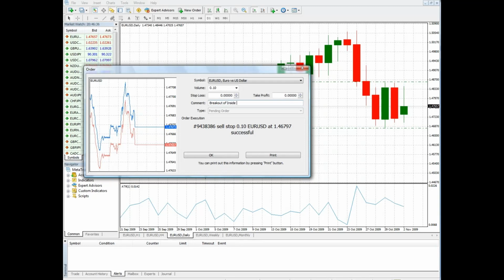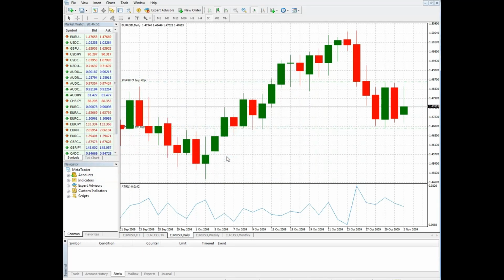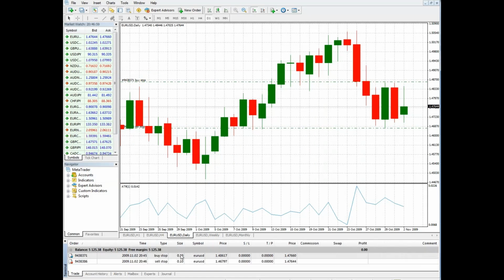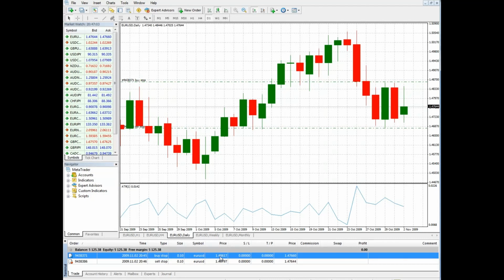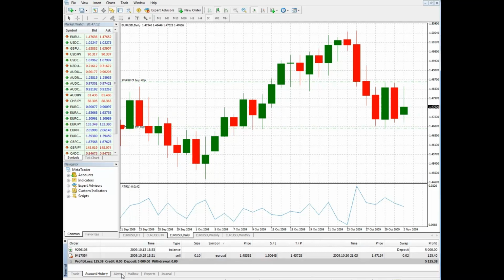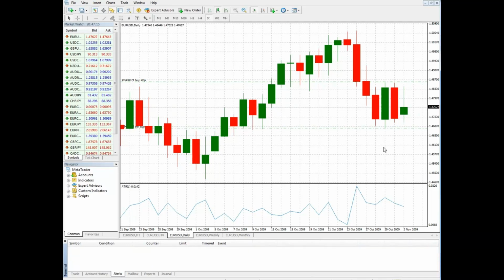Let's call it breakout of inside bar low. I'd like to label the buy stop too. Not sure if they'll let us, but no, it's fine. There we are. We've got both trades in place: sell stop here, buy stop there.